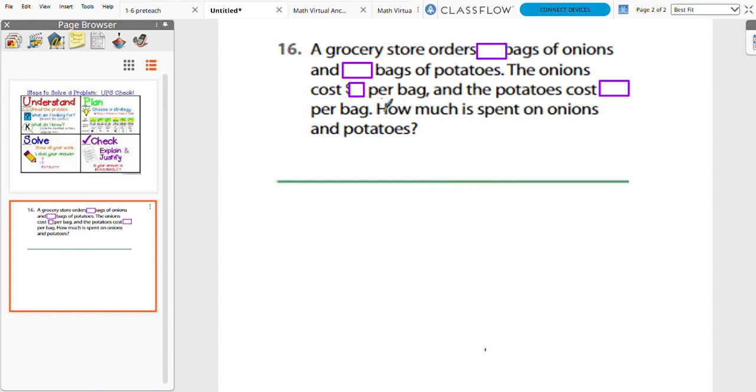So that's the question. They want to know how much is spent on onions and potatoes. So onions plus potatoes, I think, would make sense, right? Because we're saying both of them.